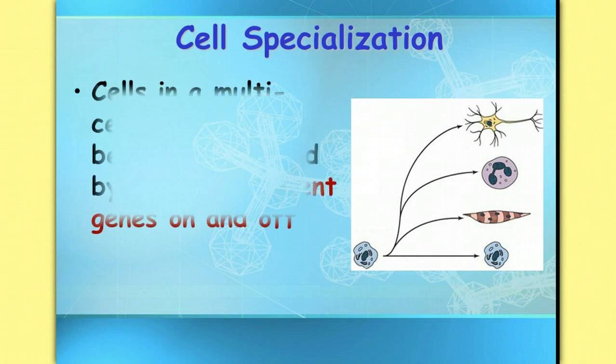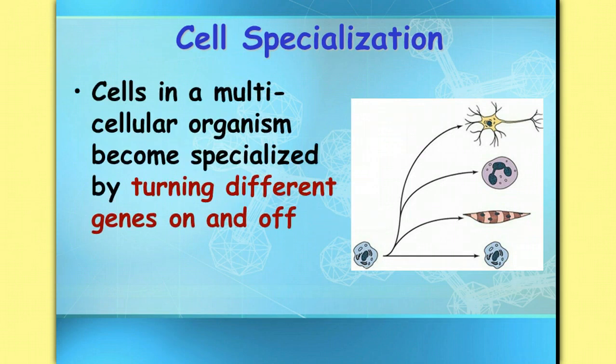All right. So let's talk about cell specialization just a little bit. Cells in a multicellular organism become specialized once certain genes turn on or turn off during the development of that cell. And so the cell can go from being a basic stem cell to becoming a nerve cell, to becoming a white blood cell or a muscle cell.